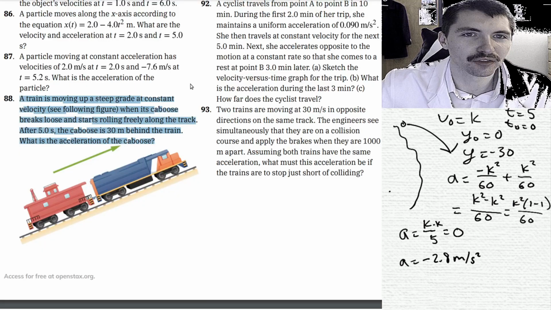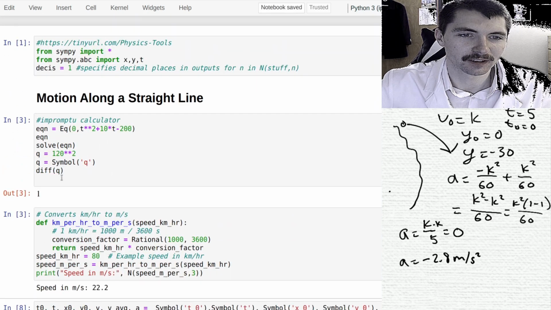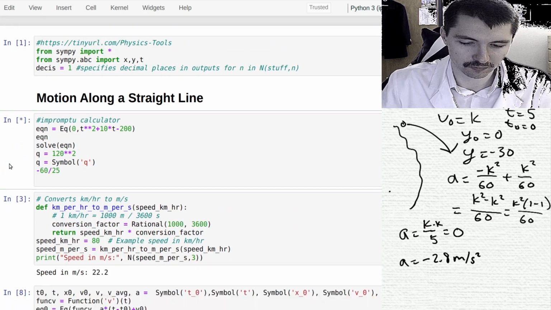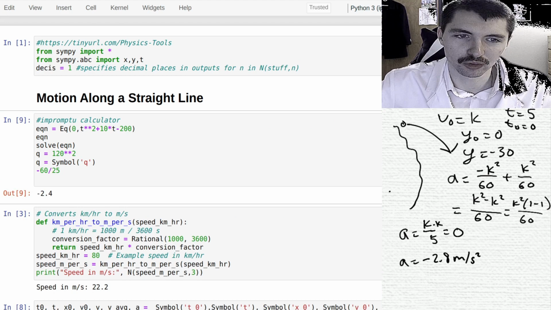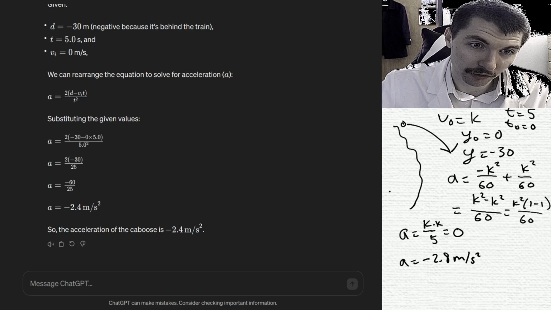-60 divided by 25 is -2.4. Okay, so that's kind of bothering me. Why? Is our calculator off?